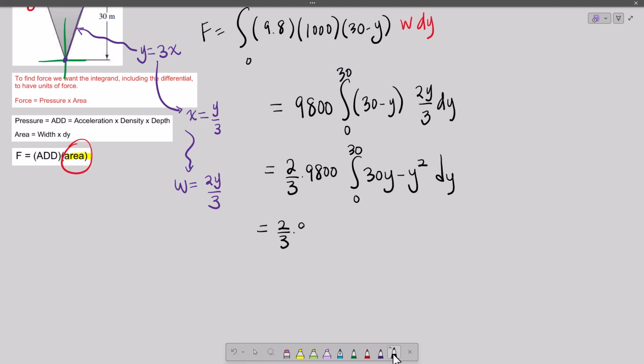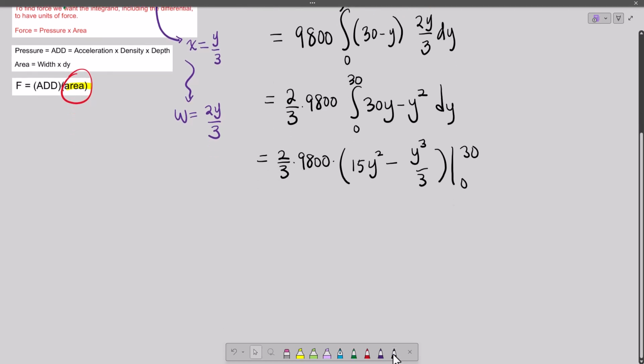Then we'll integrate. So we get 15y squared minus y cubed over 3 from 0 to 30. Plugging in 0, it's not going to contribute any amounts, so we can ignore the 0 essentially. Let's go here.